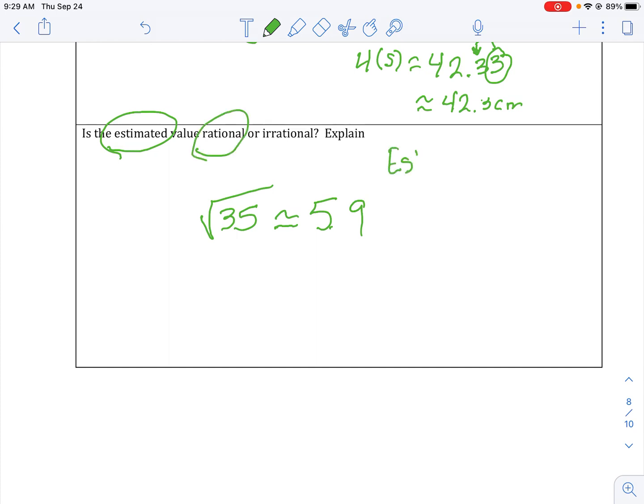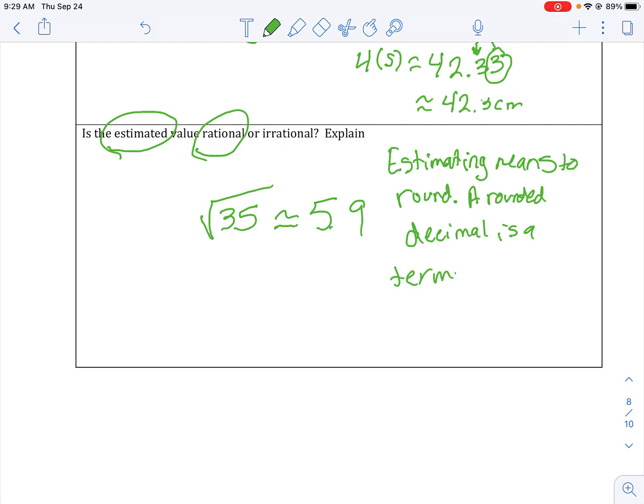So estimating means to round. A rounded decimal is a terminating decimal, which is rational.